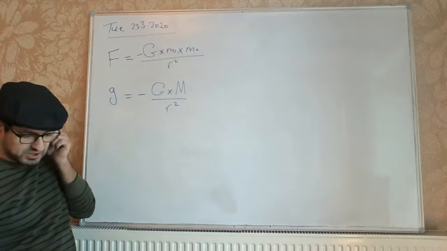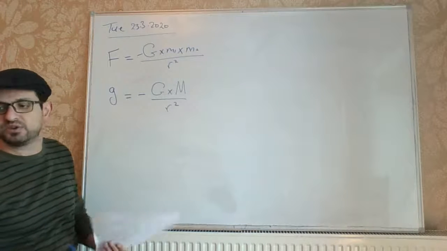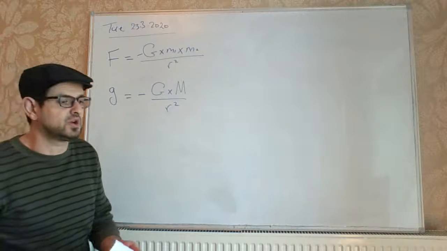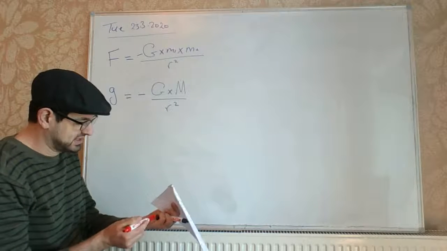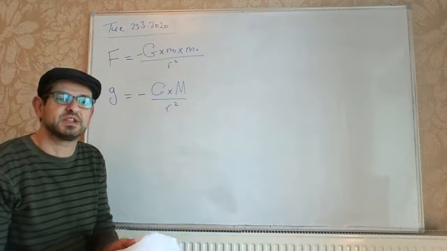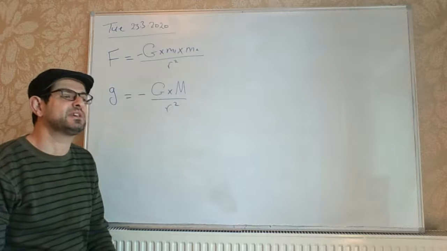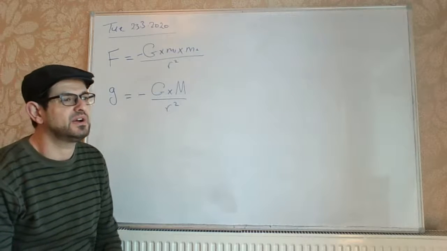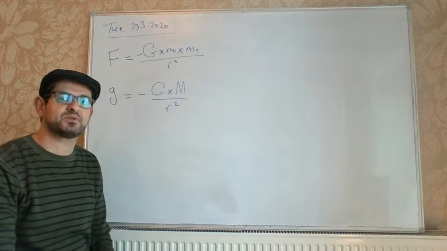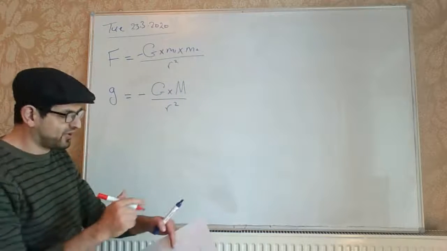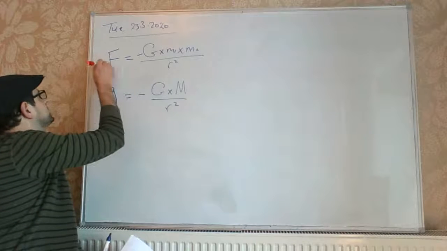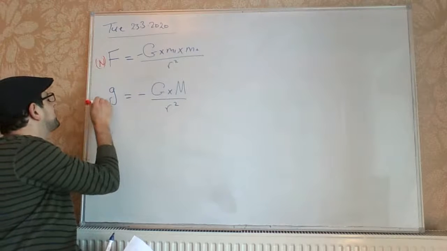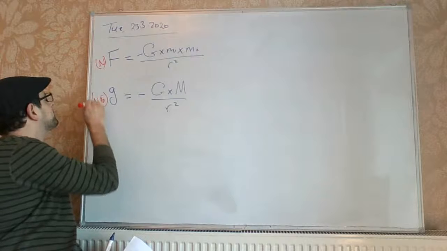Now, today we want to introduce a new quantity called gravitational potential. This quantity was not given in the syllabus before, so you will not find any past questions about the gravitational potential. Before I write, let me just revise with you the units. Here it's Newton, here it's Newton per kilogram.